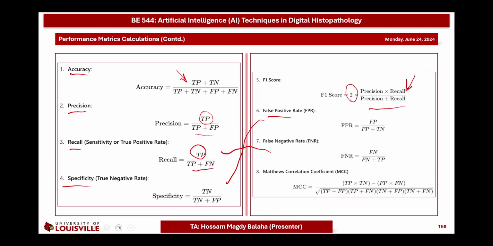Last but not least, Matthews correlation coefficient, or MCC. It's a measure of the quality of binary classification considering all four components of the confusion matrix. As you see, it combines the different components of the confusion matrix in a single metric.